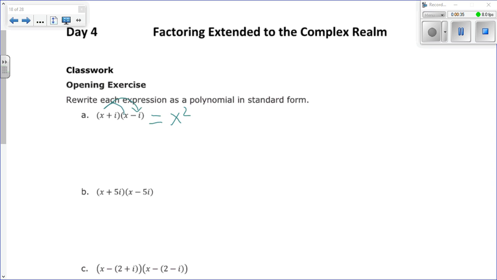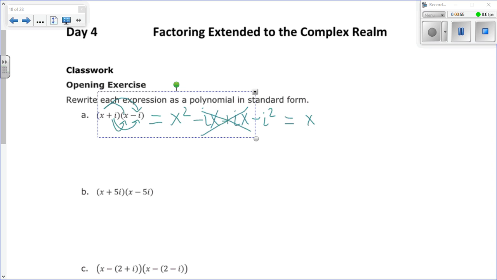X times negative i, which is negative ix, i times x, which is plus ix, and i times negative i, which is minus i squared. Now looking at it, those two cancel each other out because one's plus and one's minus, and we're left with x squared minus i squared.